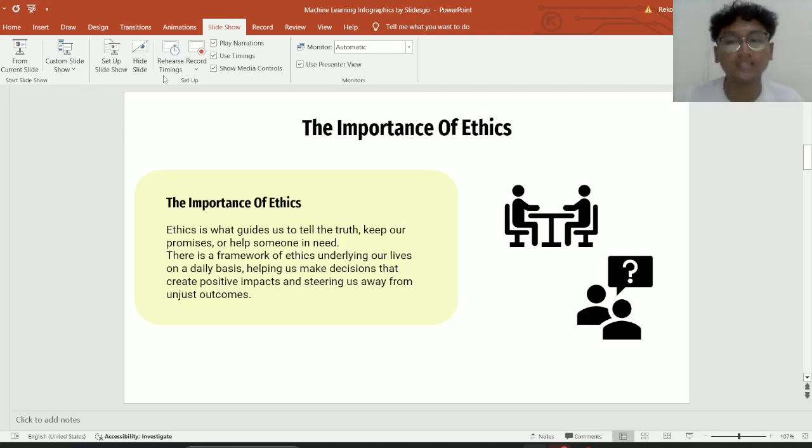Okay, so the next one is the importance of ethics. Many of us think that ethics is important, but ethics is what guides us to tell the truth, to keep our promises, or to help someone in need. There is a framework of ethics underlying our lives on a daily basis, helping us make decisions that create positive impacts and steering us away from unjust outcomes.